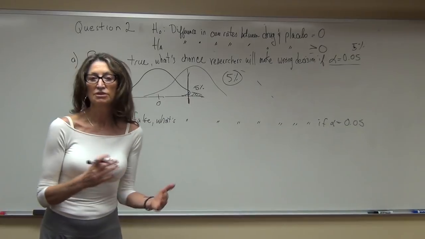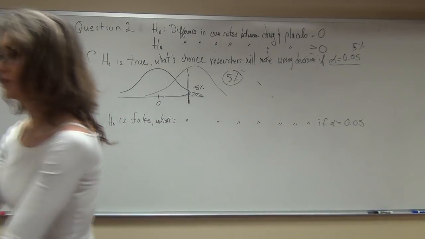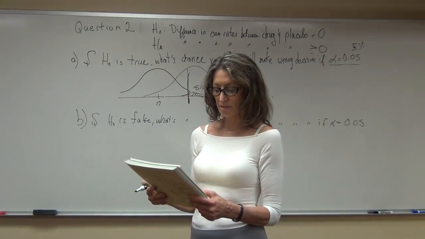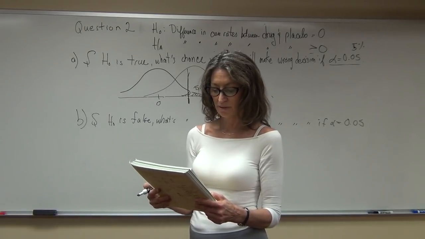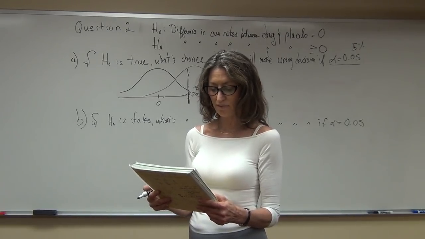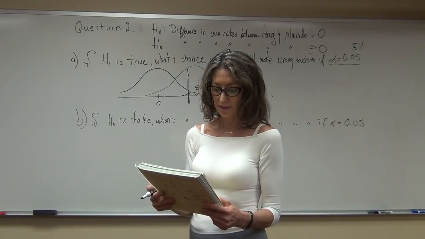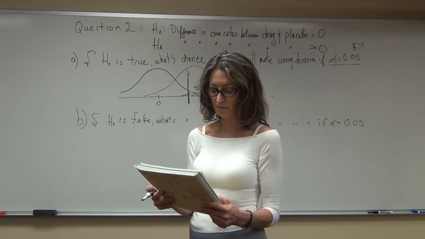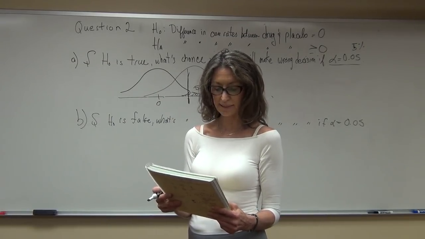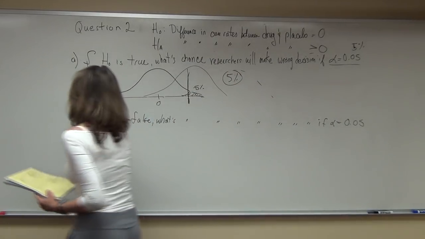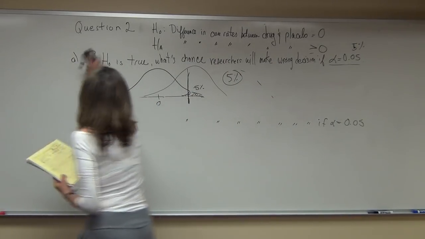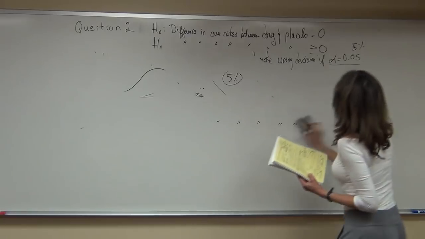Okay? So now, let's see what the next question is. Part C says, suppose we set alpha at 10%, then the critical value of our test statistic is such and such.